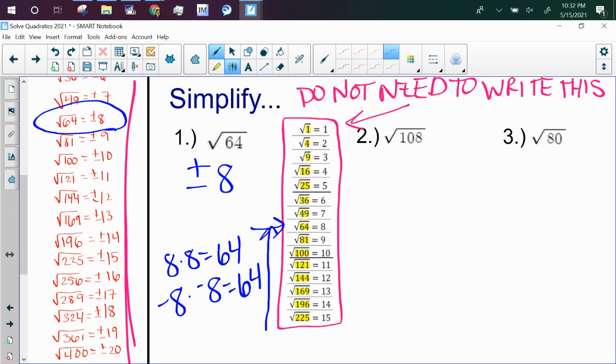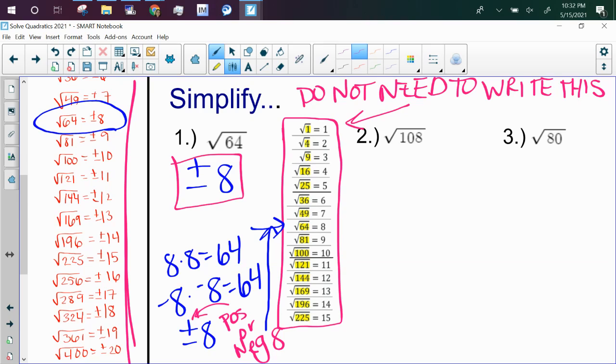So in order to write this the easy way, because mathematicians are kind of lazy, instead of writing 8 or negative 8, what they write is plus or minus 8. And that really just stands for positive or negative 8. Okay, so that's all this means right here. And that's what the square root of 64 is.